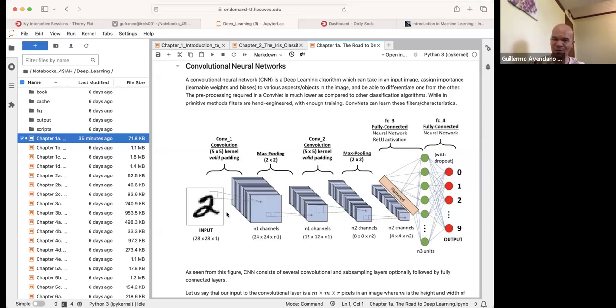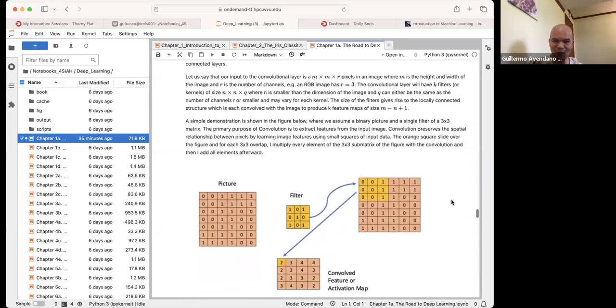A very usual example is identifying a digit: convolutions, max poolings, and a final stretching of that into a big neural network for classifying into 10 elements, from 0 to 9, the output probabilities. So we will be doing that.